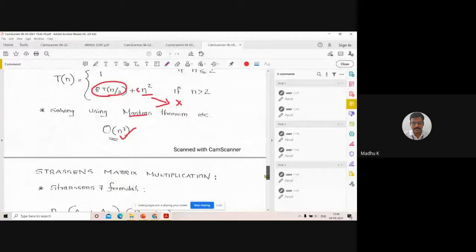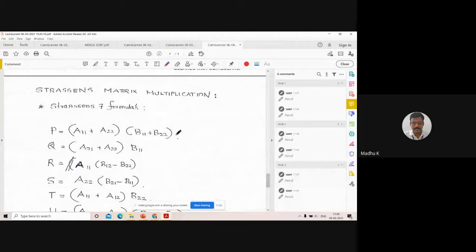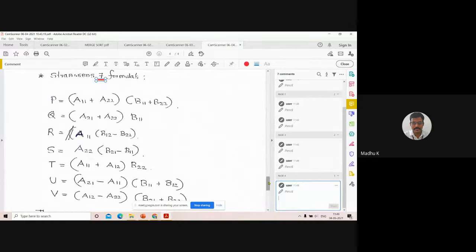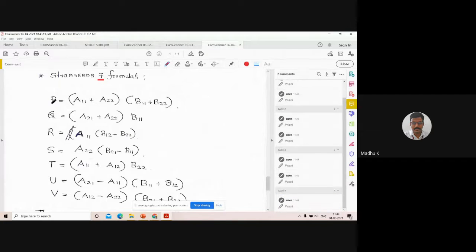Now what we want to do is apply Strassen's matrix multiplication. Here 7 formulas are used. These are the formulas used. P is equal to A11 plus A22 into B11 plus B22.